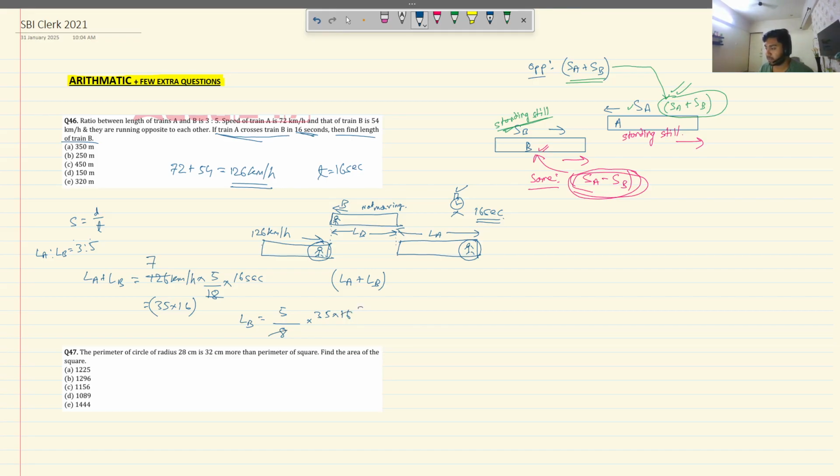Dividing 16 by 8 gives me 2. 5 into 2 is 10. 10 into 35 is 350 meters. That's my answer. Hopefully this was understandable, and keep a note of this concept. It's an important concept.